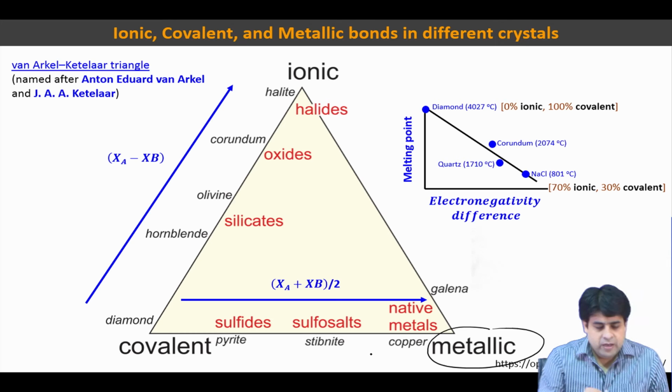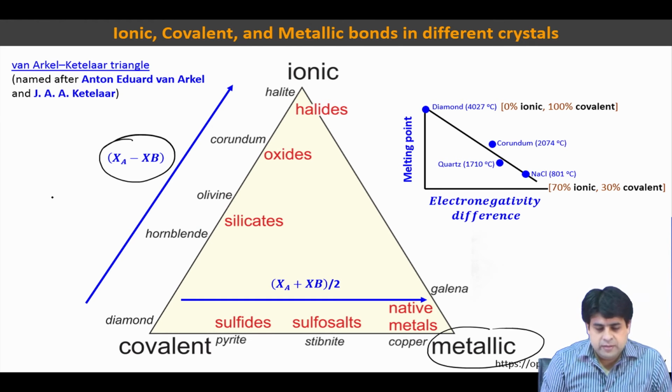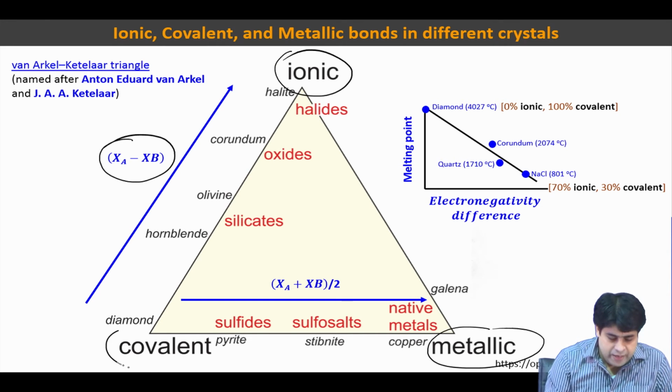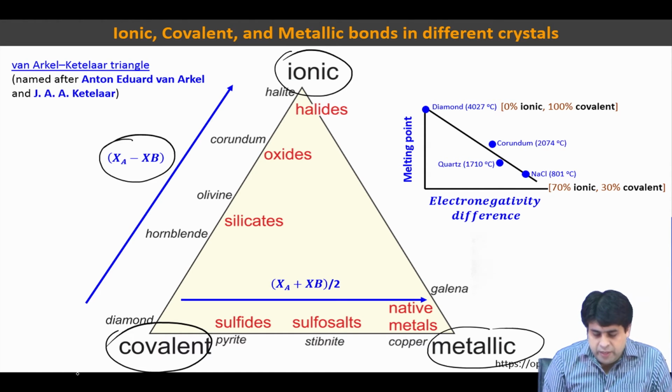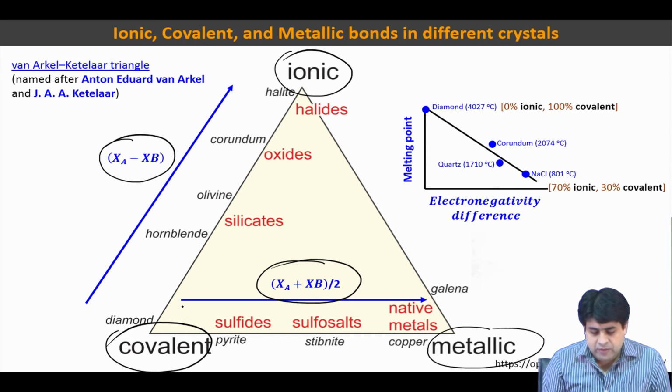So, if you know the difference of electronegativity, you can easily know whether it will be ionic or covalent character, which we discussed in the last slide. But if you take an average of the electronegativity of two atoms, that will define whether it will have a covalent or metallic character. If the average is increasing, you will have more metallic character.